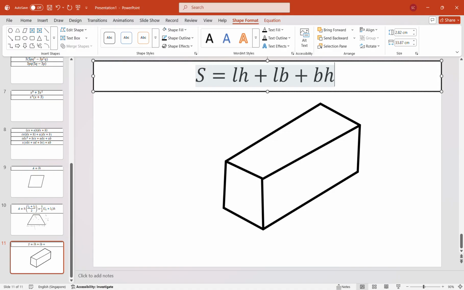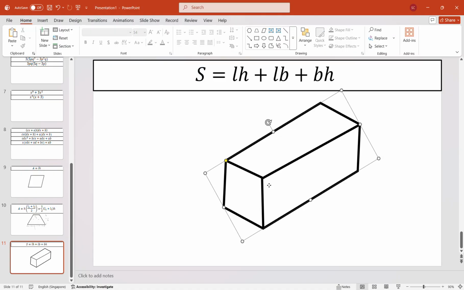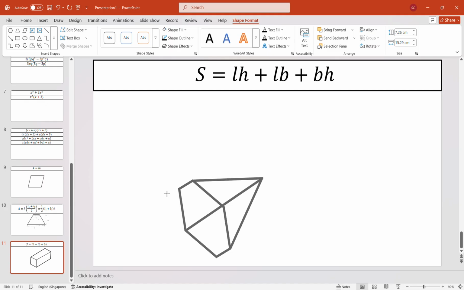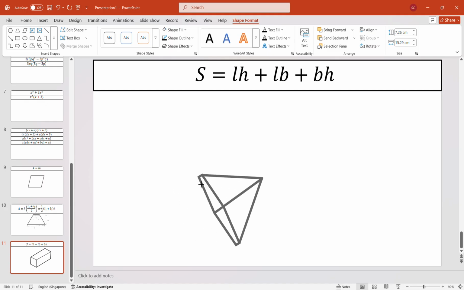Also, that's how you write a subscript. Okay, got you. Now, what about whatever this is?